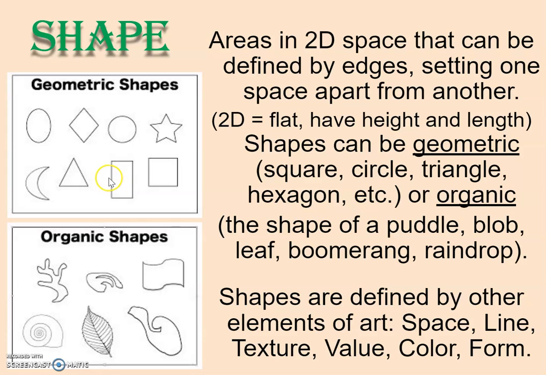A rectangle is also 4 lines put together, 2 lines that are shorter, 2 lines that are longer. A triangle is 3 lines put together in order to create this shape. A circle you can define as one single continuously curved shape.